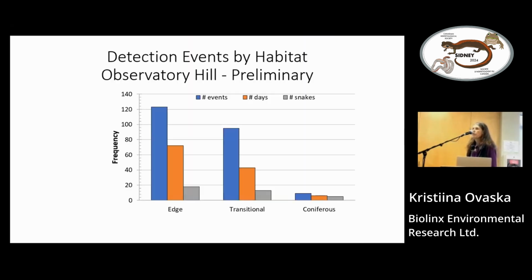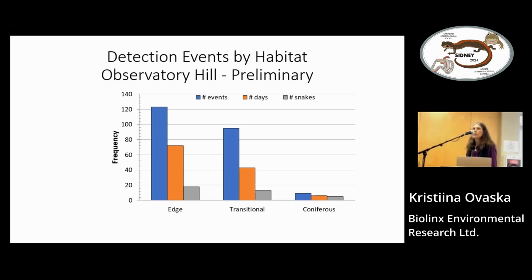Here's some preliminary data. We just started this design in 2023. So these are just preliminary results. We hope to get more later on. So this is for Observatory Hill, showing the number of detection events along the edge, transitional and coniferous. For a detection event, the snake has to be gone for at least 5 minutes, because we're recording every 2 seconds.